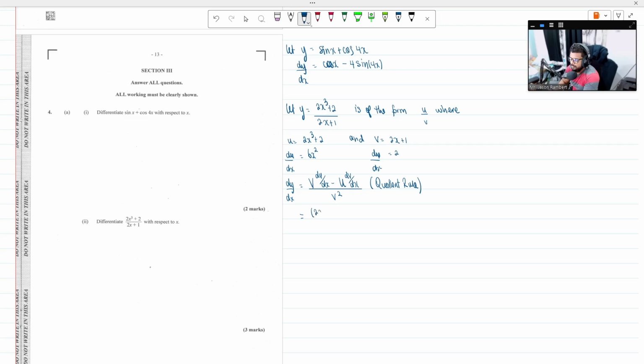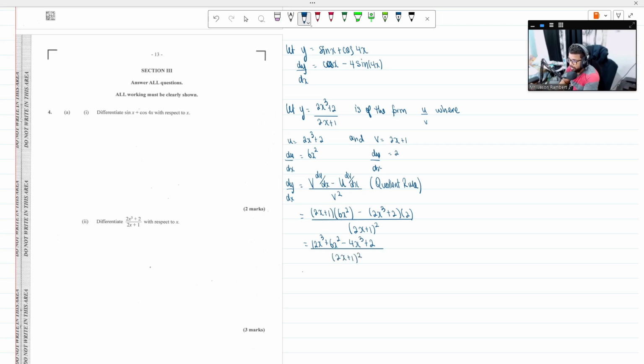v du dx minus u dv dx all over v squared. Let's simplify it up. I'll get 6x cubed, 12x cubed plus 6x squared. Take away 2 to the 4x cubed plus 2 all over 2x plus 1 squared.